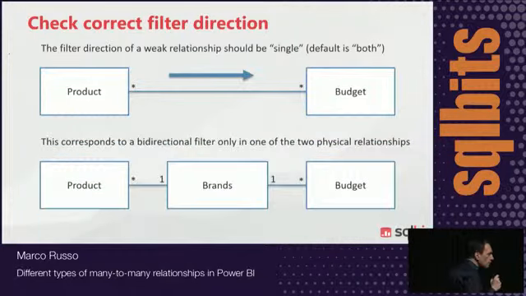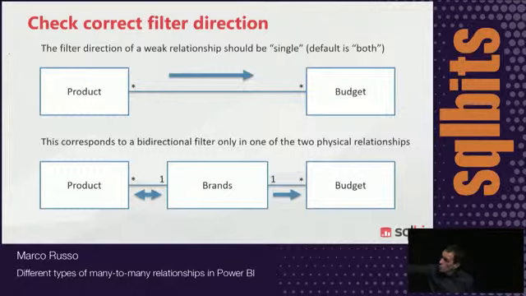And this corresponds to a bidirectional filter on the side where you want to transfer from product to budget, so product brands is bidirectional, and then brands budget is single direction. So the single direction we created there corresponds to bidirectional and single direction in the artifact we created.